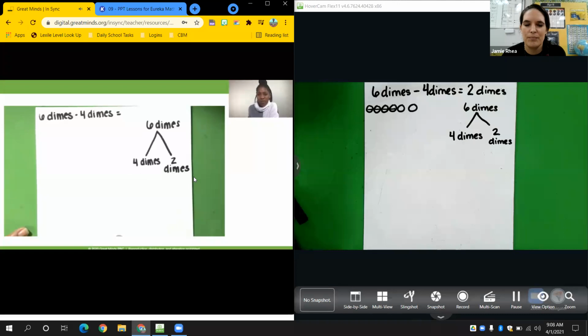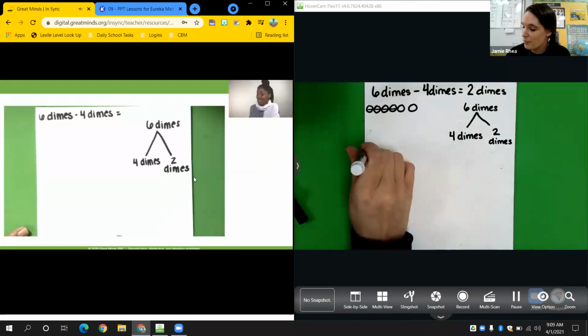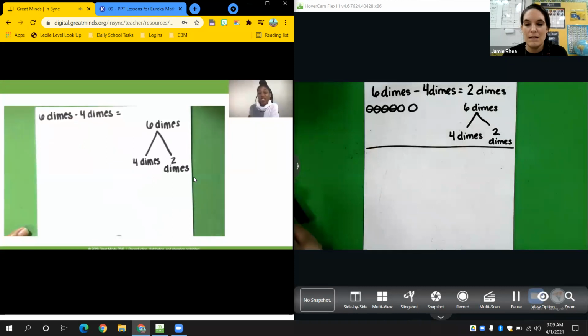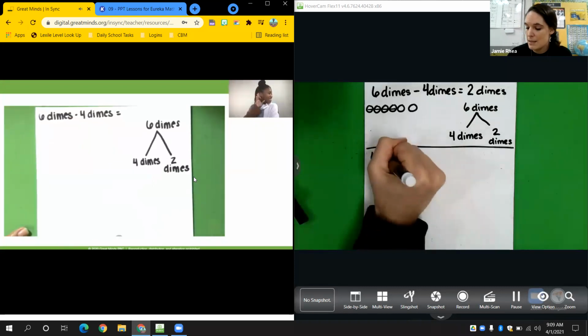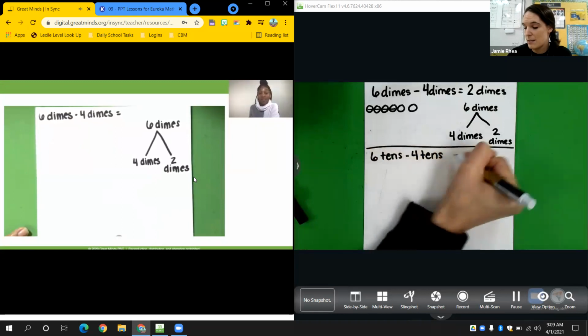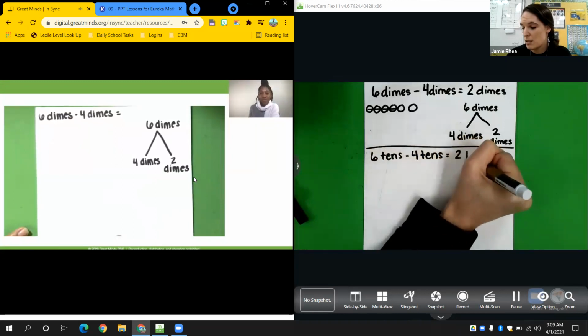How much is a dime worth, mathematicians? 10 cents. Yes, 10 cents. So how can we use this subtraction sentence and change our unit to tens? We could say 6 tens minus 4 tens equals 2 tens.